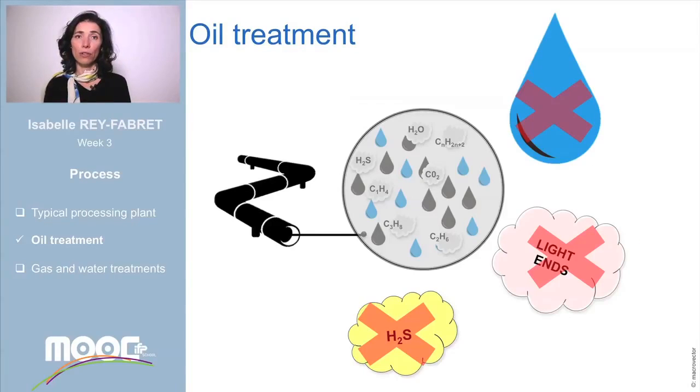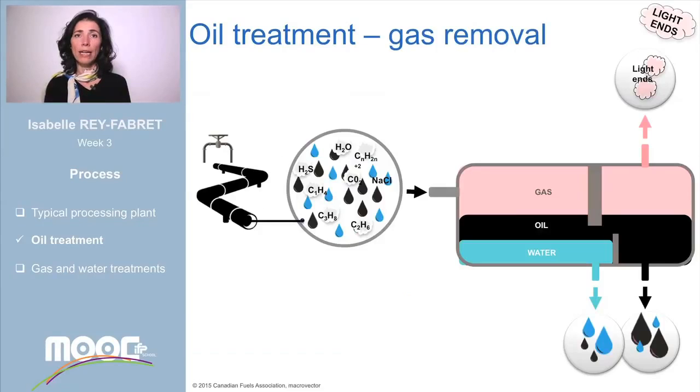Let's focus on the oil. Let's consider one by one three specific components of it: the light ends fraction, the water and salt, and the hydrogen sulfide. Why and how to remove them? The oil produced at the outlet of the process unit is stored in tanks, transported in pipelines or tankers in safe conditions.